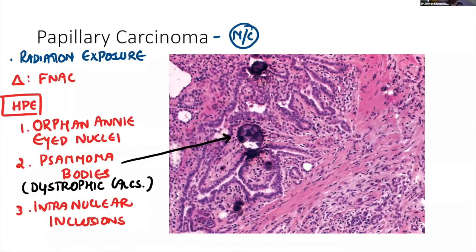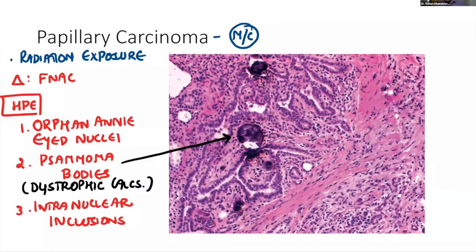These slides have been asked umpteen number of times in all possible exams. This is papillary carcinoma thyroid, which is the most common thyroid cancer. The risk factor is radiation exposure. Diagnosis is by FNAC. The classical histopathological features are Orphan Annie eye nuclei, which are clear nuclei, and psammoma bodies, which are foci of dystrophic calcification.